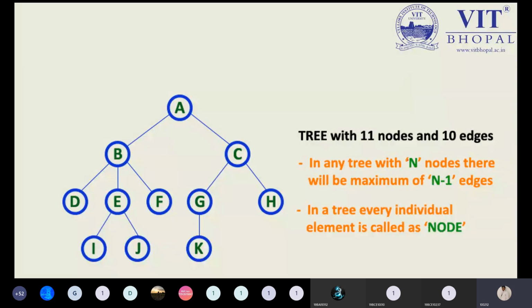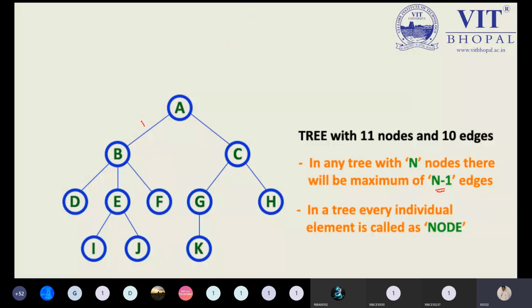How do we determine this? In any tree with n nodes, the maximum number of edges will be n minus one. This is a very simple key point you need to keep in mind. Suppose we have n nodes, then how many edges can we have? That is n minus one. So a tree with 11 nodes and 10 edges. And the number of nodes and the number of edges can't be equal. So keep this point in mind.